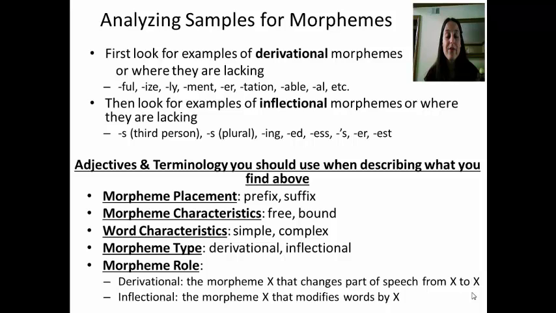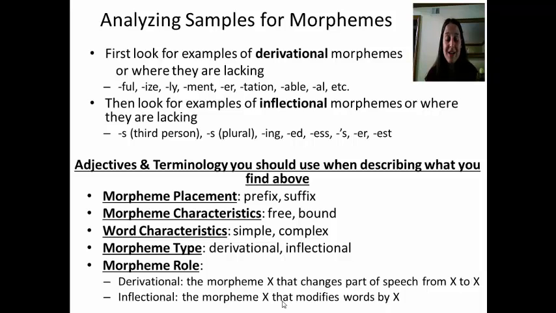You also want to reference the type of morpheme, whether it's derivational or inflectional, and then use all of that information together so that it sounds something like: the morpheme ly that changes the part of speech from an adjective to an adverb.